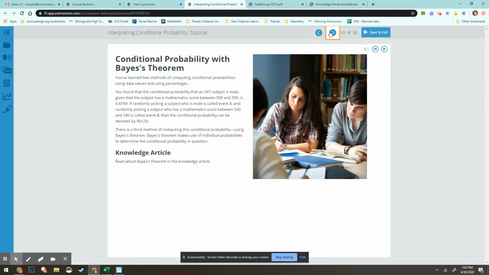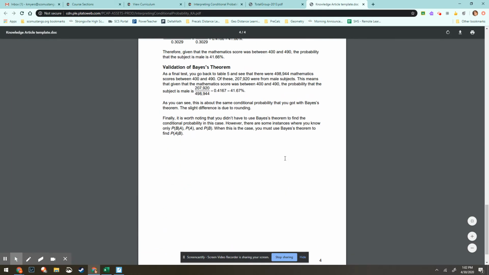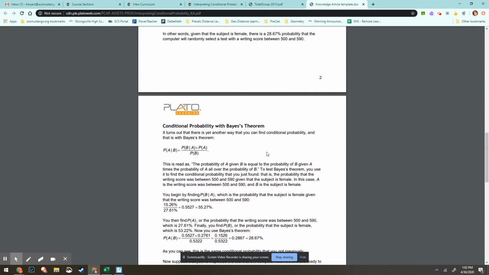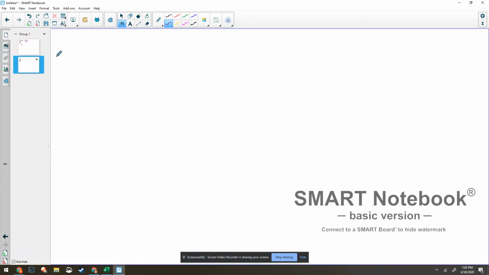Okay. Now we're going to go back to this knowledge article, because this is another way that we can calculate conditional probability with something called Bayes' theorem. I'm going to be perfectly honest with you. I wouldn't recommend you use it very often. But I am going to write it over here, just in case you want it.